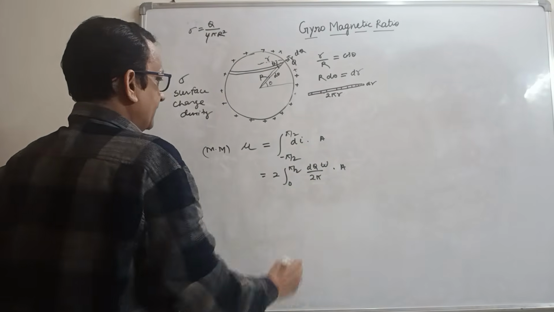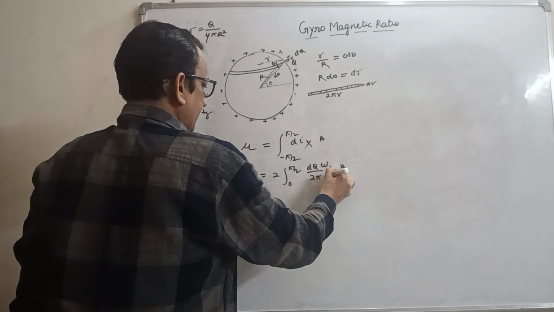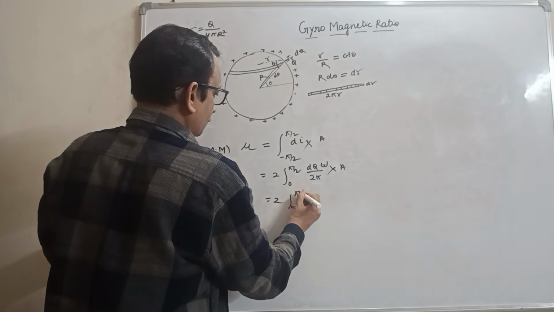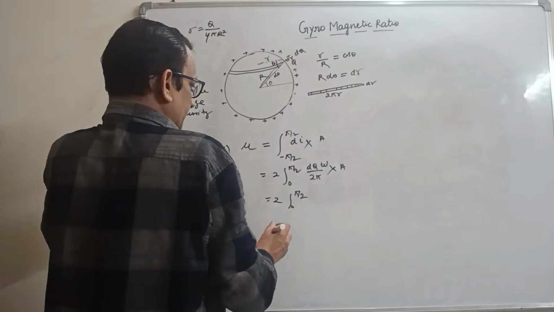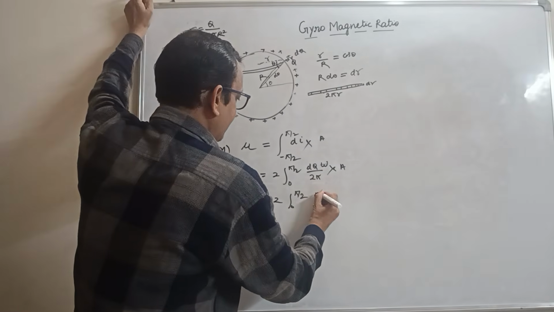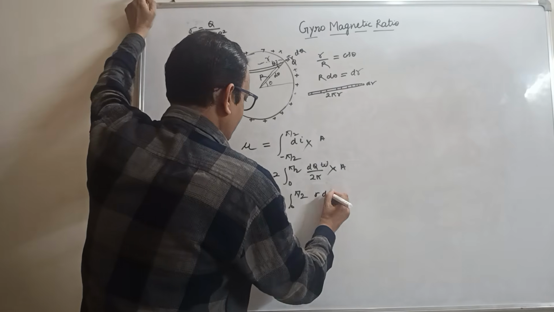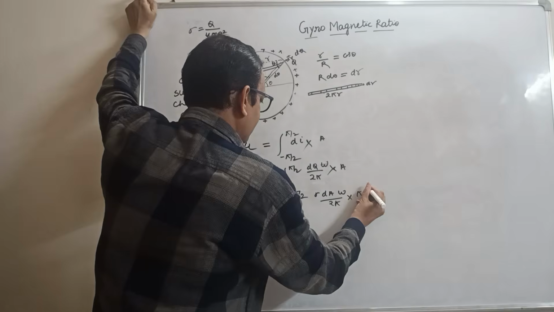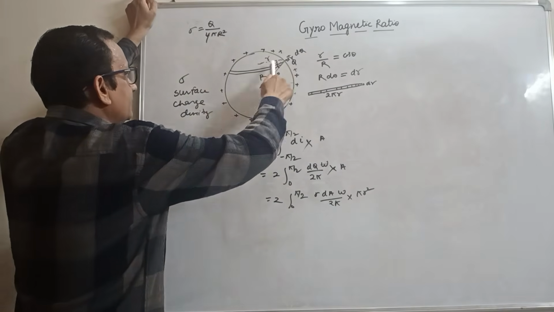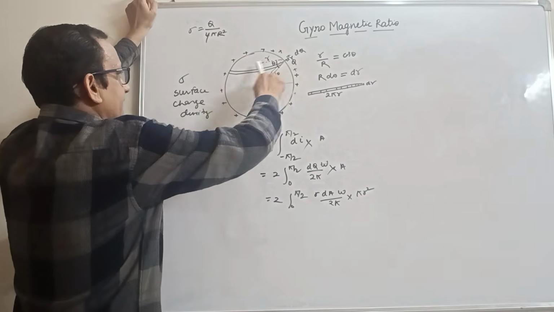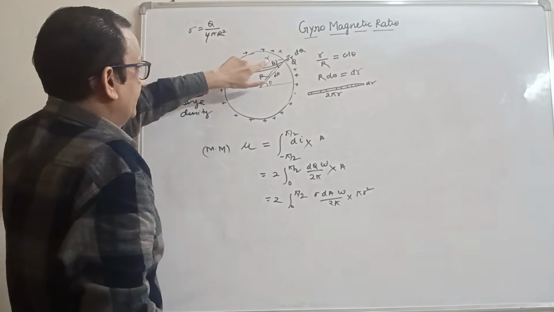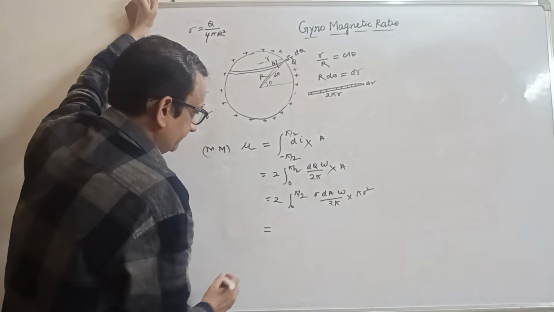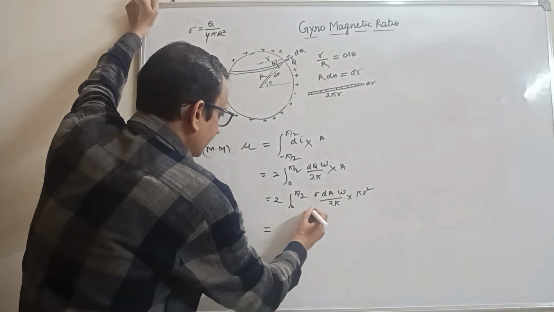So dq is sigma dA, omega by 2 pi, and the area of this elementary disk, radius r, becomes pi r square.